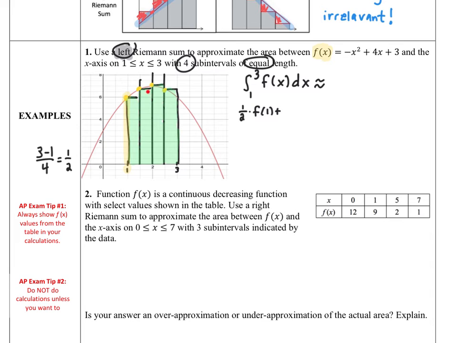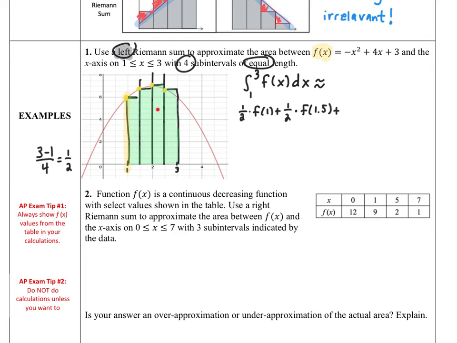When I get to rectangle number 2, again, I can see its x values go from 1.5 to 2, so it's 1/2 unit along the base. The height is obtained on the left side, and on the left side, my x value right here is 1.5. If I plug 1.5 into f of x, it's going to tell me what that y value is, so f of 1.5 is the height.